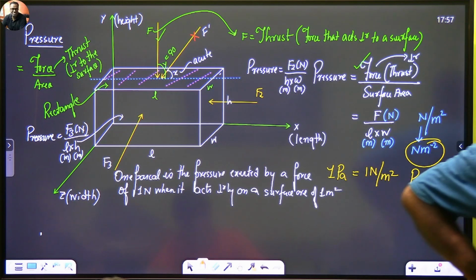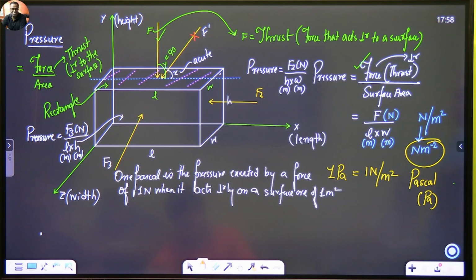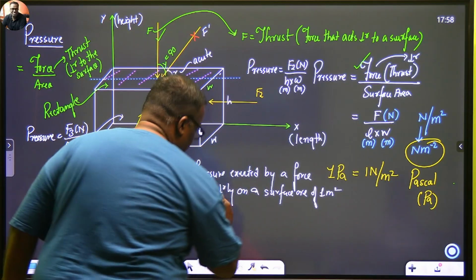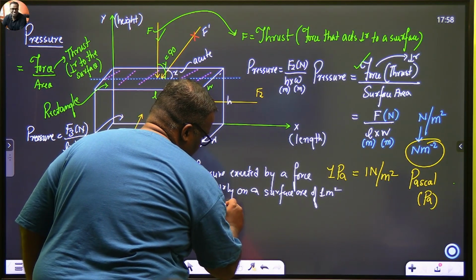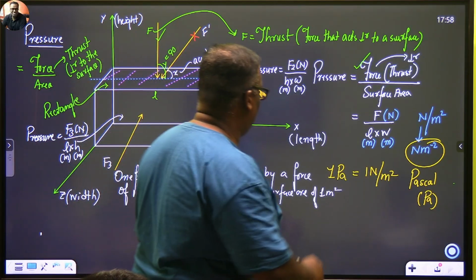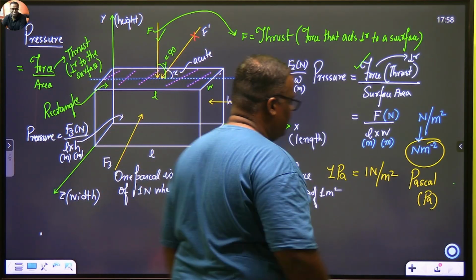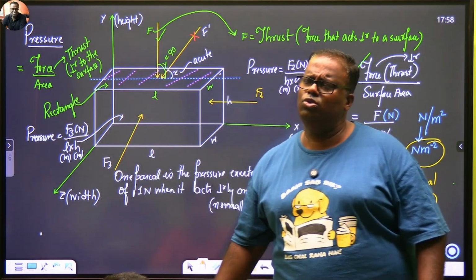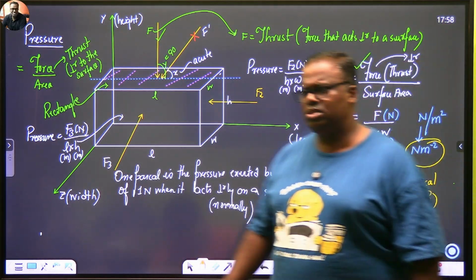So at our level, we will be only considering pressure contributed by forces that are acting perpendicular on a surface, and such forces are called thrust. And when anything acts perpendicularly in geometry or in physics, we also use the word normally. Pressure acting normally and pressure acting perpendicularly all mean the same.